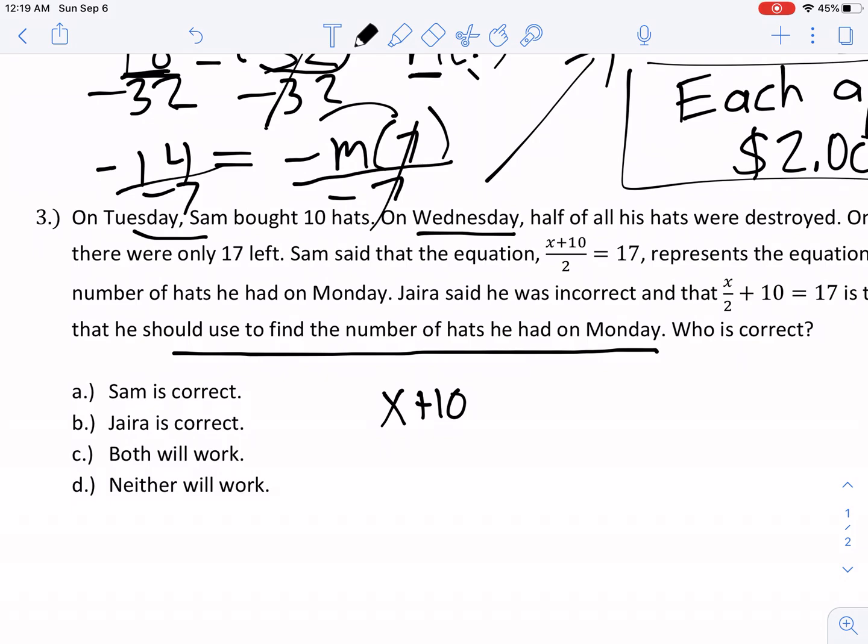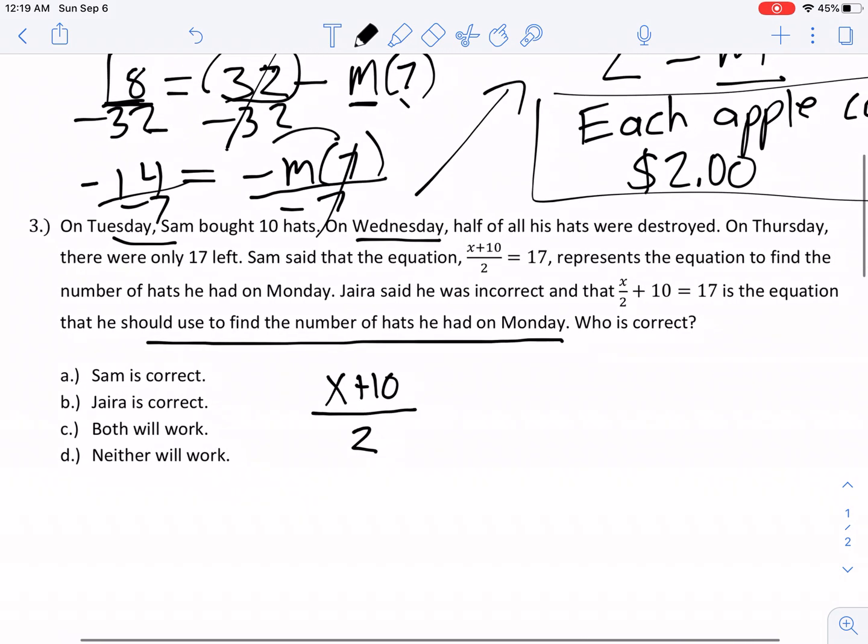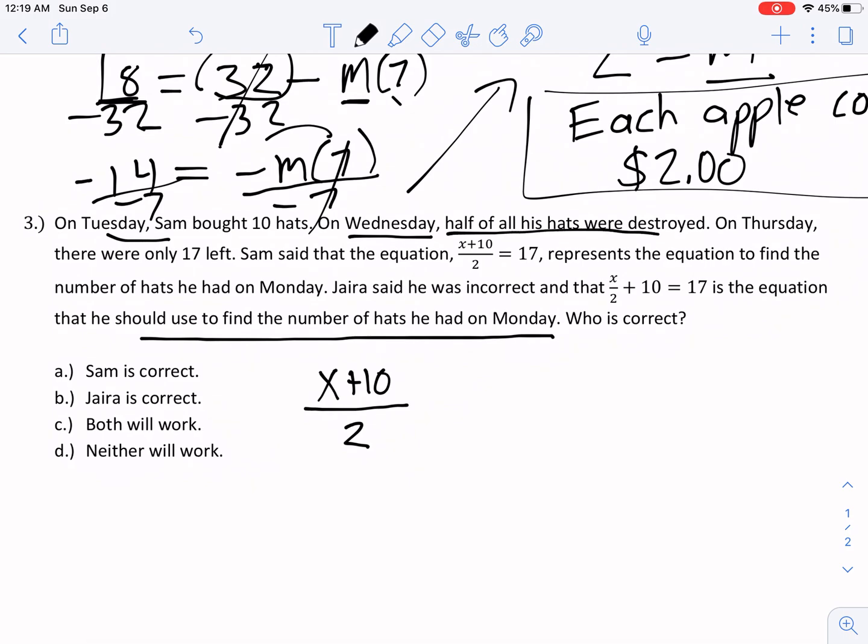On Wednesday, he lost half of it. Well, how can I represent half of what we don't know here? Well, anything that we take half of is essentially dividing by 2, right? So if I take all of this amount and divide by 2, that would give me half of x plus 10, okay? So with that in mind, on Wednesday, half of his hats were destroyed.